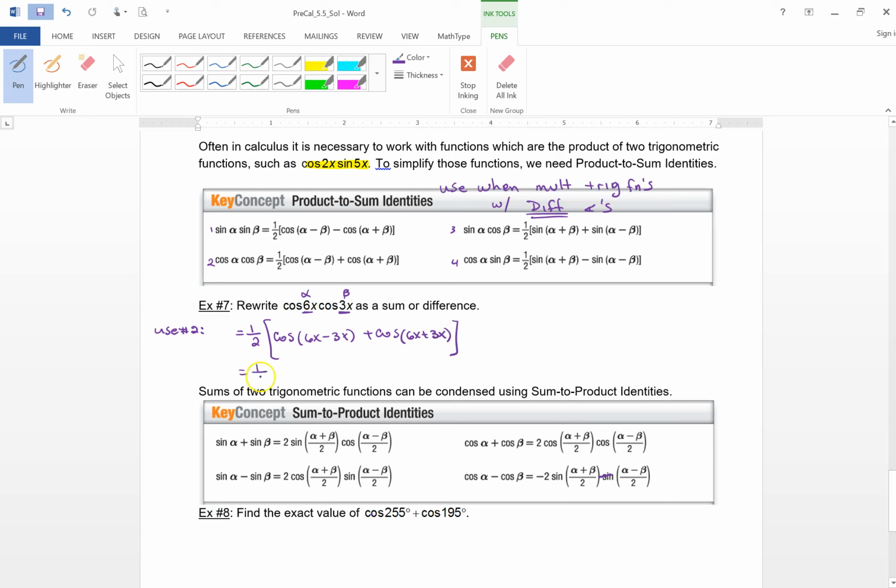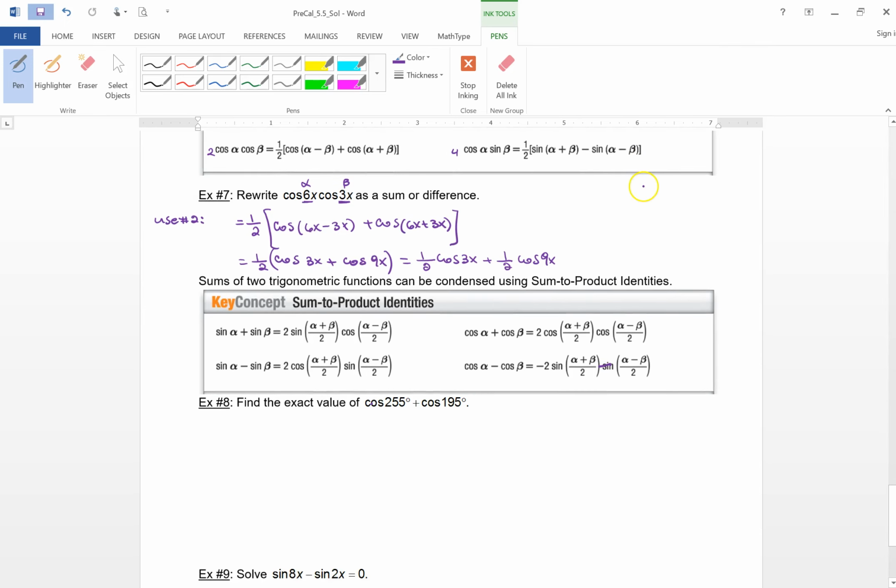This is half cosine 3x plus cosine 9x. And you can either leave it that way, or you can distribute the half, and it's half cosine 3x plus half cosine 9x. But really, there isn't much to do. It's not really that stimulating. It's just plug and chug. Okay?